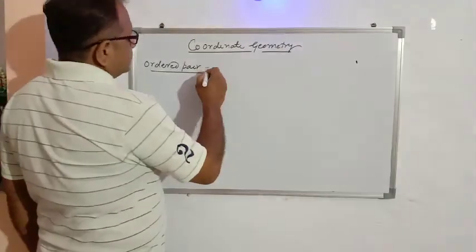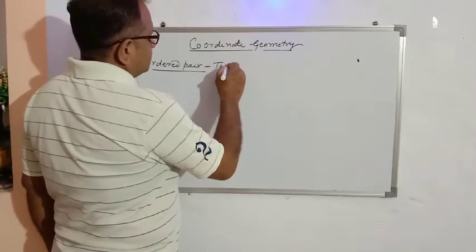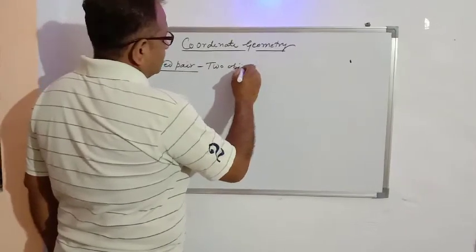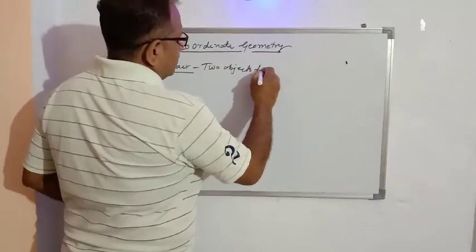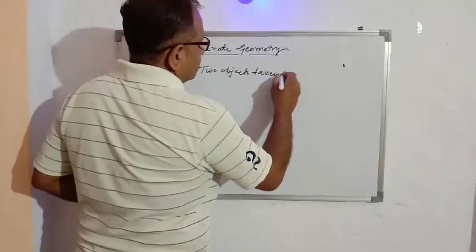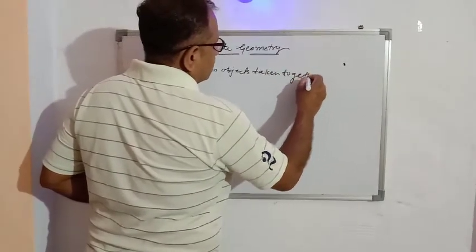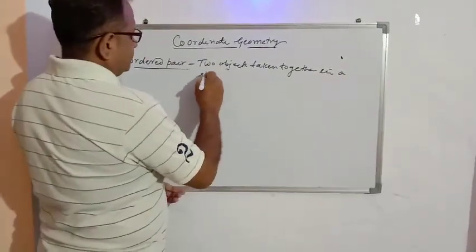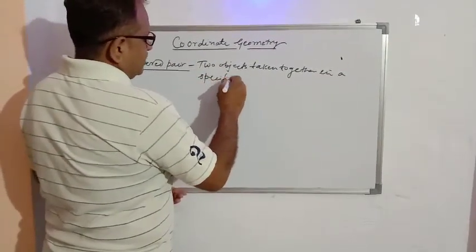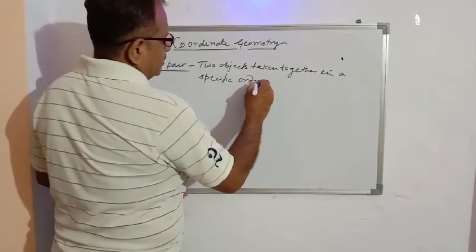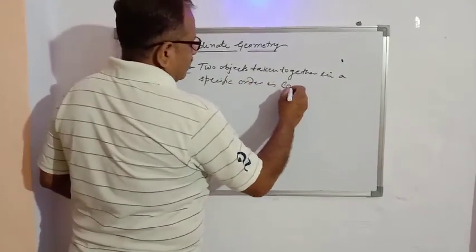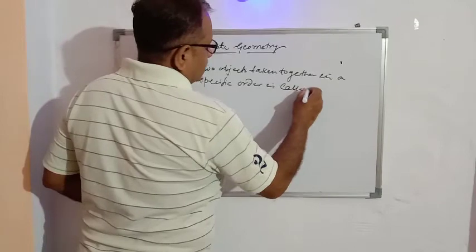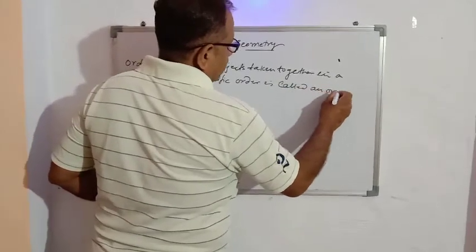So the definition is: two objects taken together in a specific order is called an ordered pair.